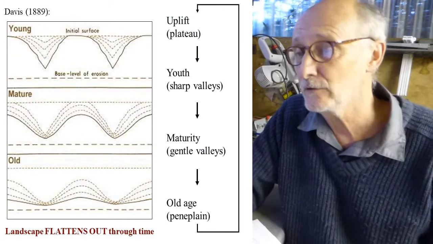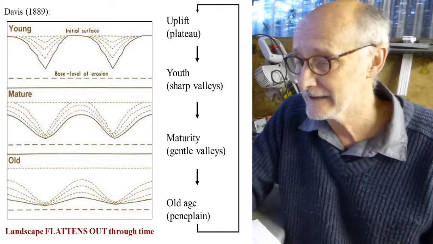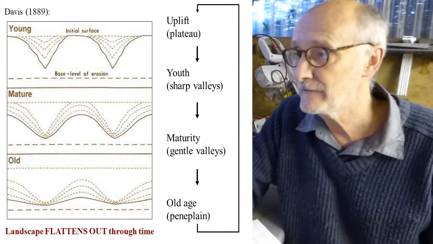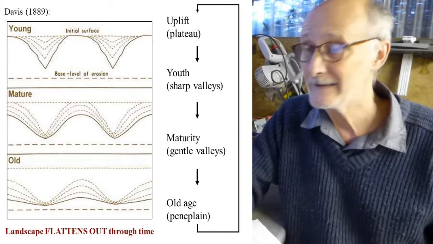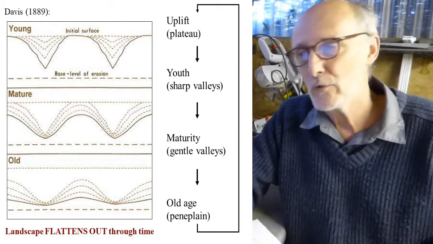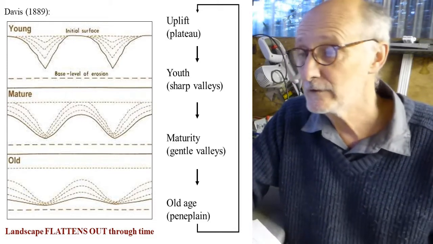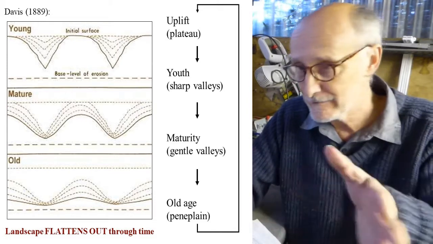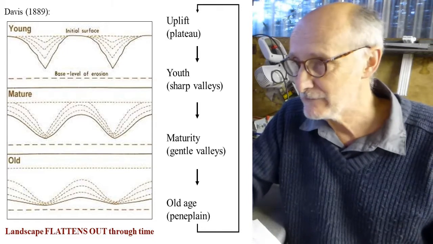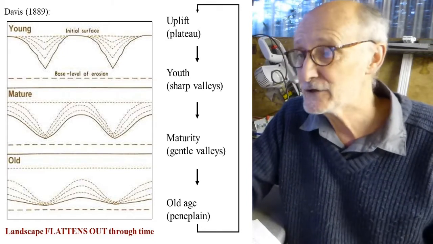So this is a reminder of Davis's model. He talked about young, mature and old, senile landscapes, and he said that at the youthful stage, after an area of land has been uplifted, it then gets worn away. This is his model for a temperate or fluvial environment, and he says the land surface gets worn down, and initially we have these youthful V-shaped valleys.